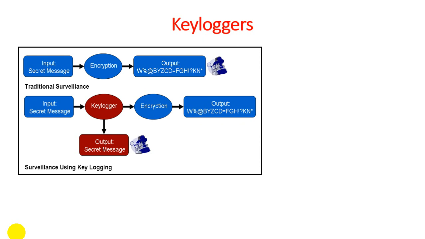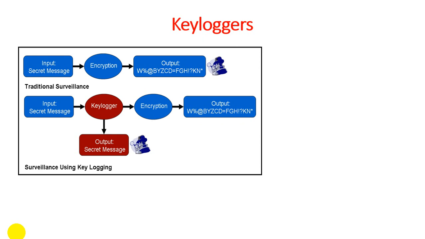In traditional surveillance, for an input secret message we use some encryption algorithm. With the help of the encryption algorithm, it is converted into an unreadable form, so if someone does not know the encryption algorithm or technology, they can't decrypt the output generated by it.